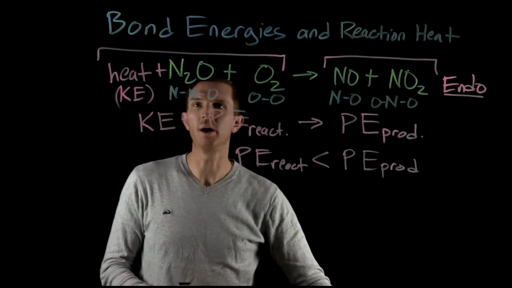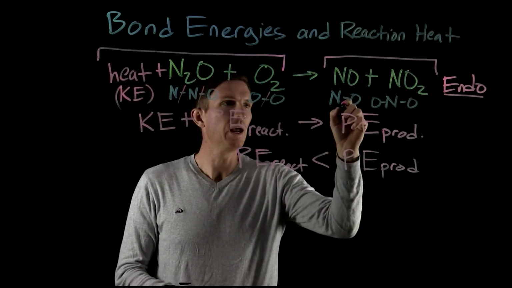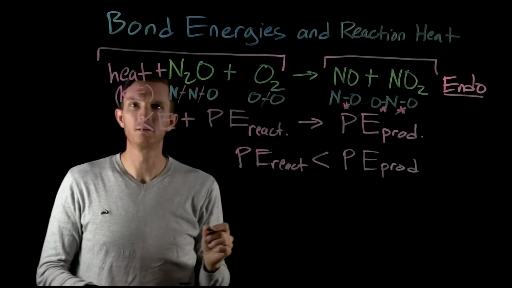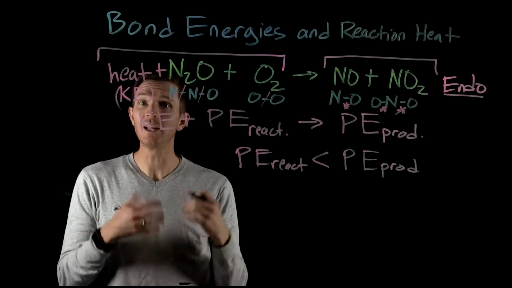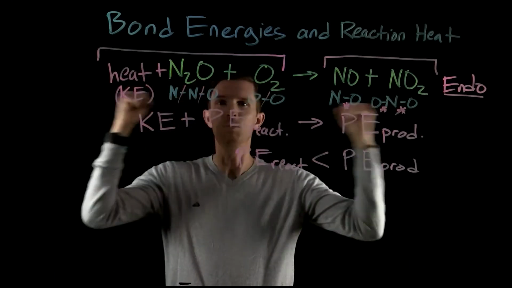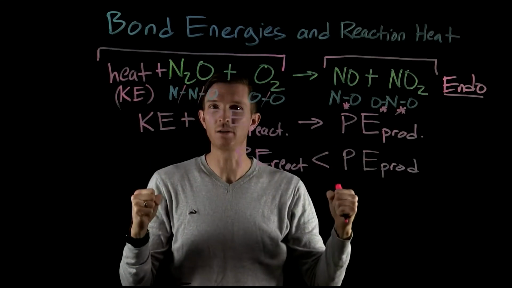As we go from reactants to products, we're going to have to break these bonds. And then we're going to form these new bonds. Breaking these bonds takes energy, right? We have two things that are attracted to each other, oxygen and oxygen. We pull them apart. That takes energy. We have to break those attractions.